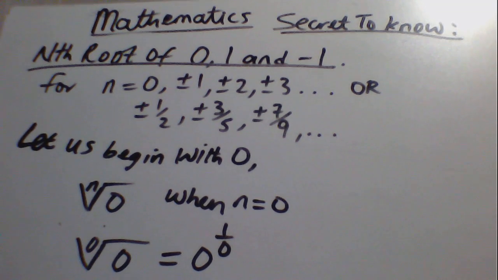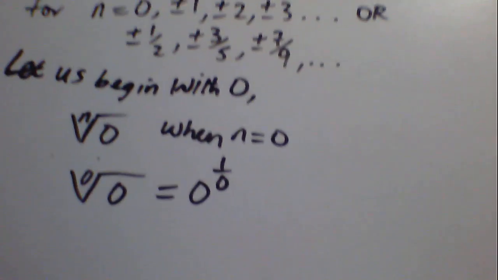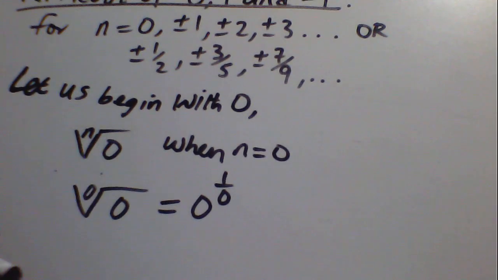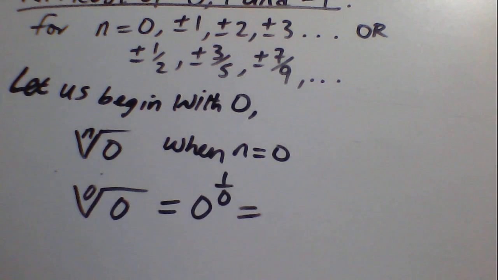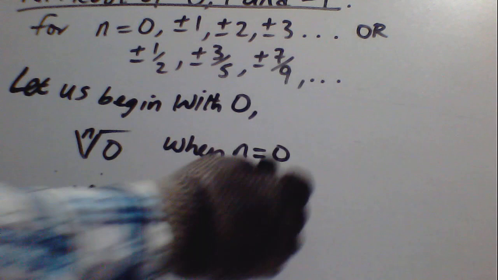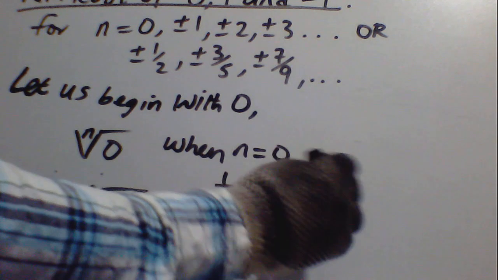Is it not? So we have 0 to the exponent of 1 over 0. We know that 1 over 0 is indeterminate. So we have 0 to the power of indeterminate.